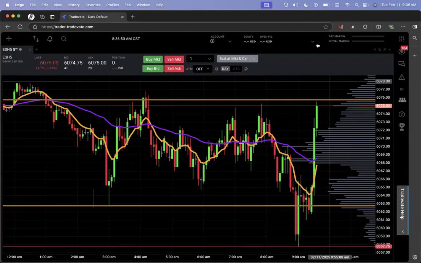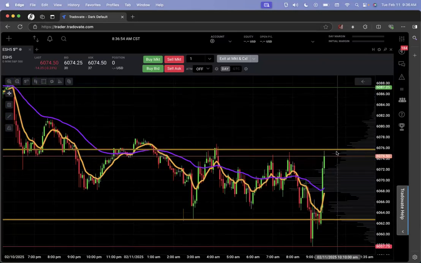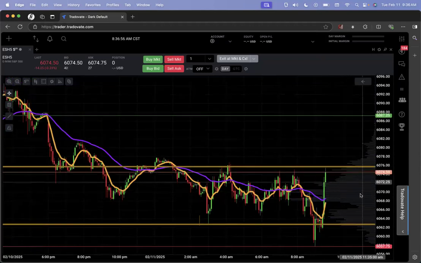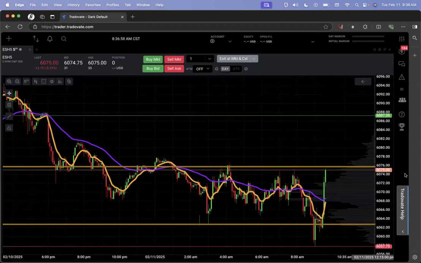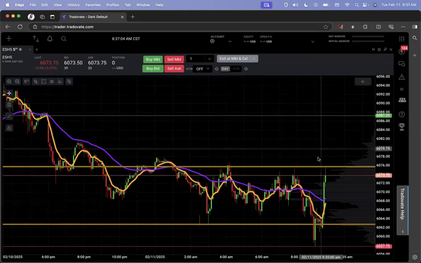Buy side is looking healthy right now, though. It's looking very, very healthy. Still in the zone, though. 60.76. That's where we have to get above to really start trending to the upside even further.